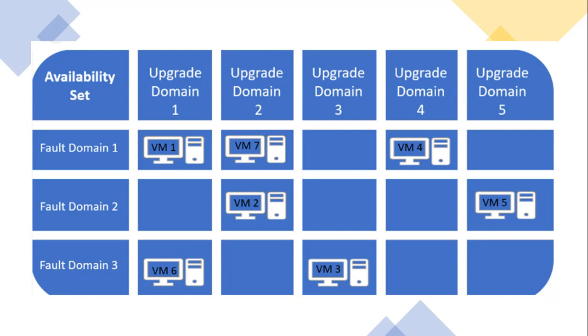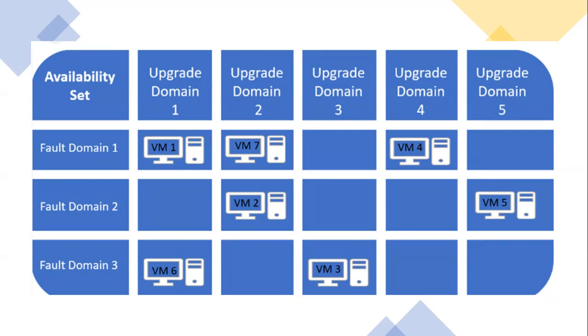That's why it is called an availability set, because they have formed this set in such a way that at any time, if any machine has gone for an update, then other machines are available.